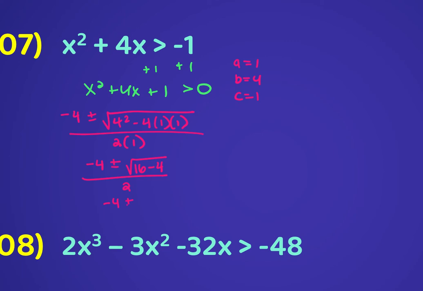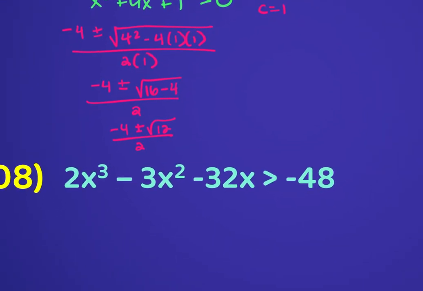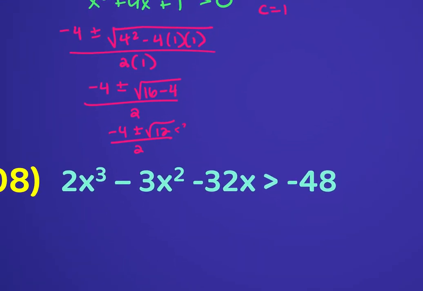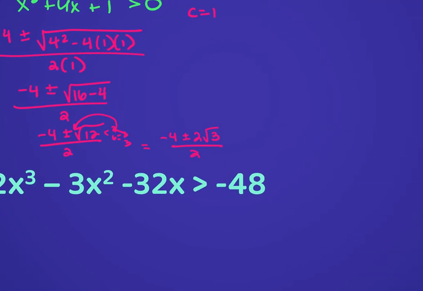Negative 4 plus and minus square root 12 over 2. 12 breaks down to 2 and 6, 2 and 3. The 2's go to the outside. I get negative 4 plus and minus 2 square root 3 over 2, which is negative 2 plus and minus square root 3.